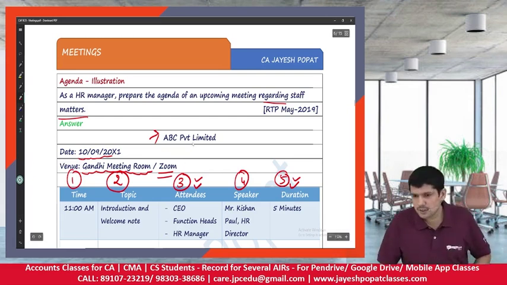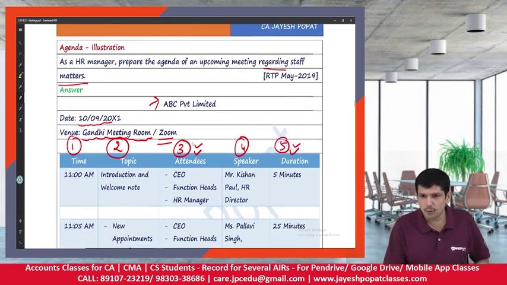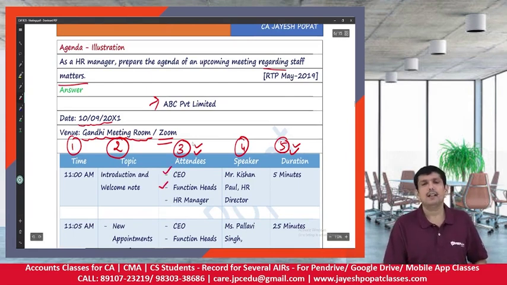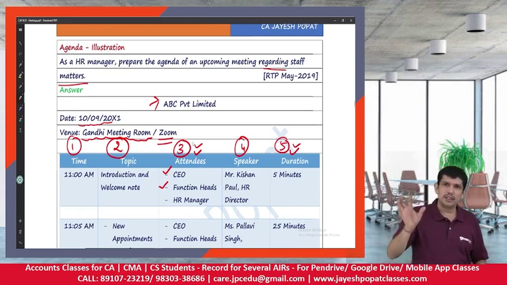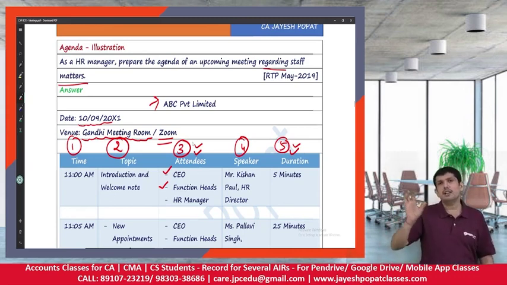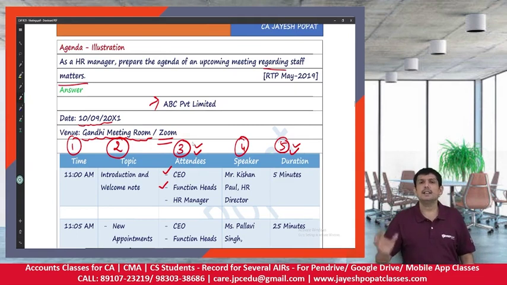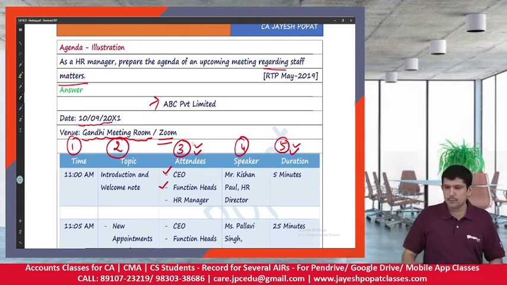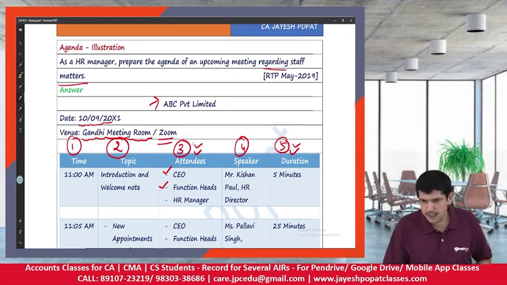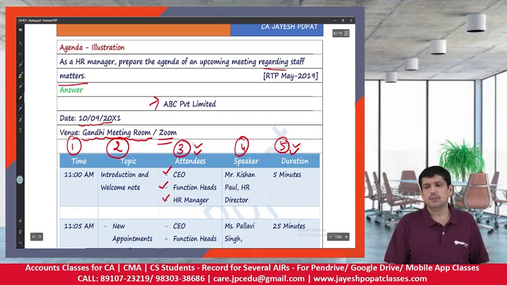So, based on that, we have the CEO, right? We have the function head, right? What do we mean by function head? Head of production, head of sales, head of marketing, head of finance, right? The head of all the departments should be there. And obviously the HR manager is also there.